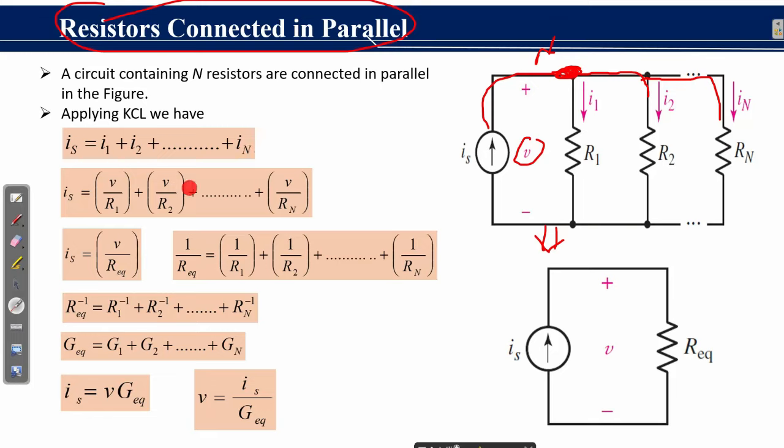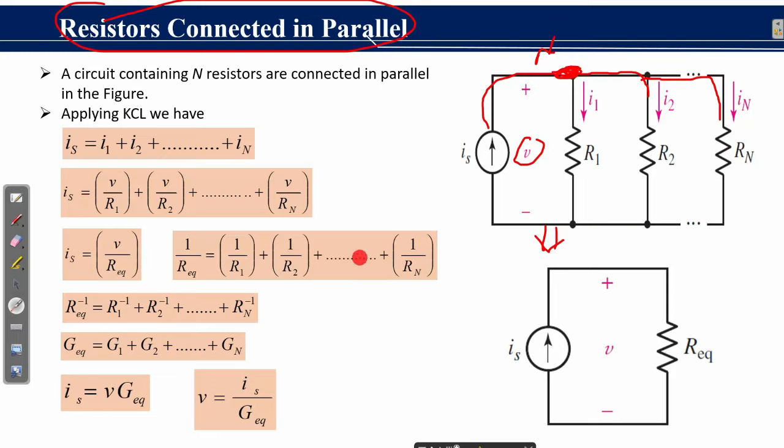You can see this voltage V is common in all the terms. This is because voltage V will be the same across the resistors R1, R2 and Rn. The above expression can now be shown as Is is equal to V over R equivalent, and 1 over R equivalent can be shown by this expression: 1 over R1 plus 1 over R2 plus 1 over Rn.